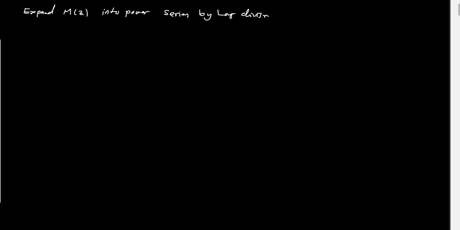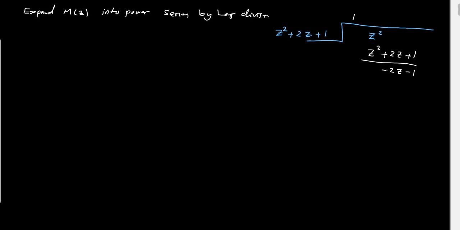So let's do the long division here. We'll divide z^2 over z^2 plus 2z plus 1. The first thing here will be the 1, and this will be z^2 plus 2z plus 1. Subtraction, this will be minus 2z minus 1.